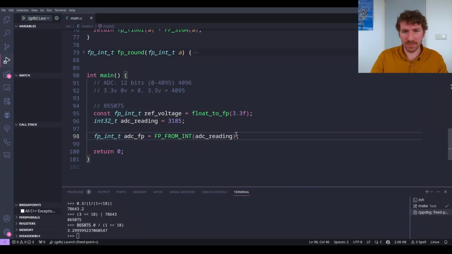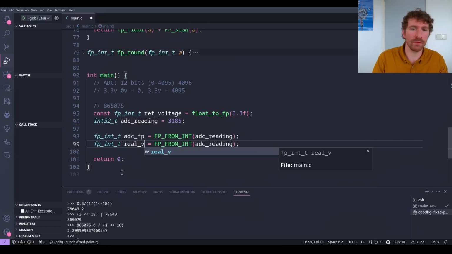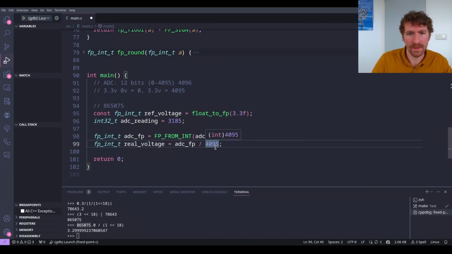So we get our fixed point ADC reading, and then to actually get the real voltage, we need to take our fixed point ADC reading and divide it down by this whole 4095 value, which also needs to be a fixed point thing.